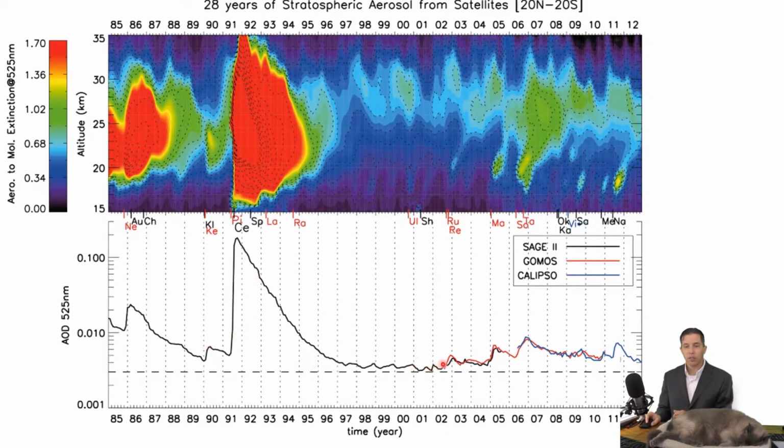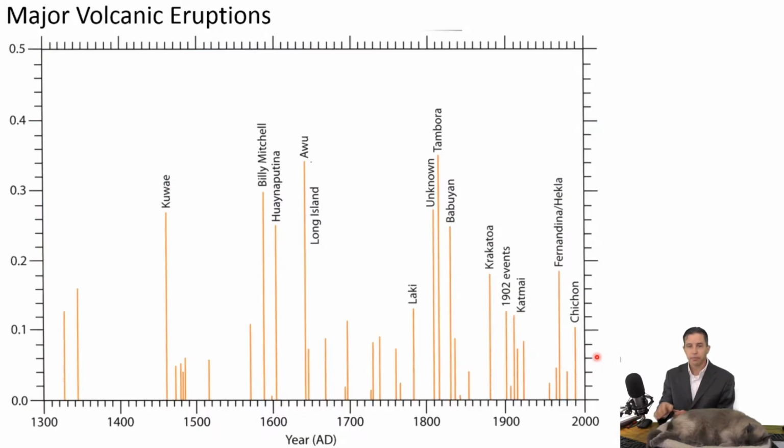And you can see these little bumps here. These are smaller volcanic eruptions that also put ash into the stratosphere, but at a lesser amount. If you go back in time, you can see that we've actually had some volcanoes much larger than Pinatubo. Every one of these little spikes here has been a big eruption, kind of like the one we just saw in that movie, except bigger.